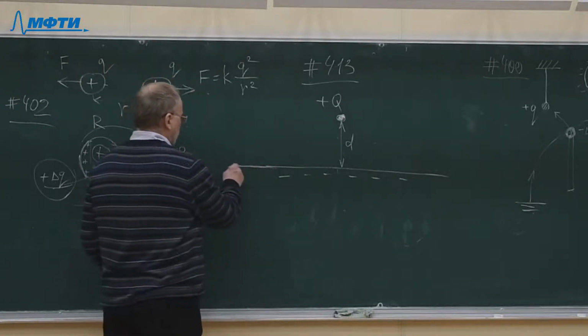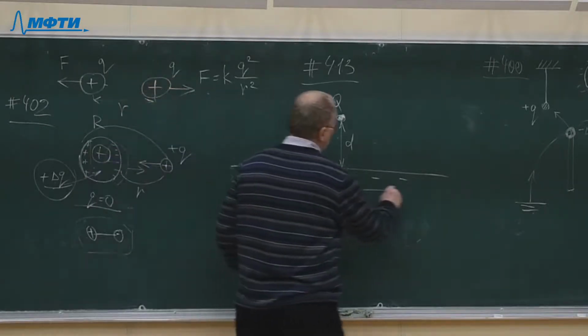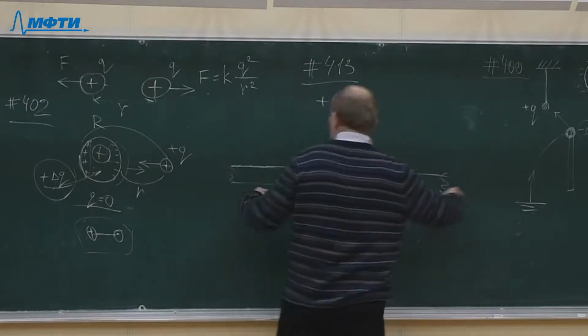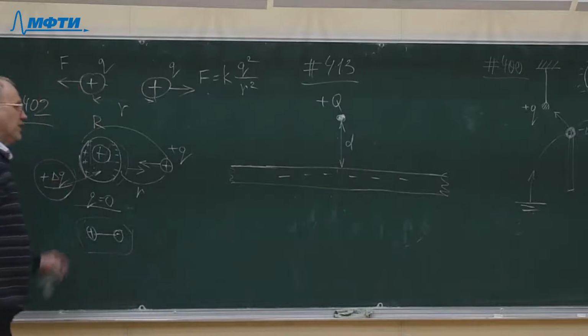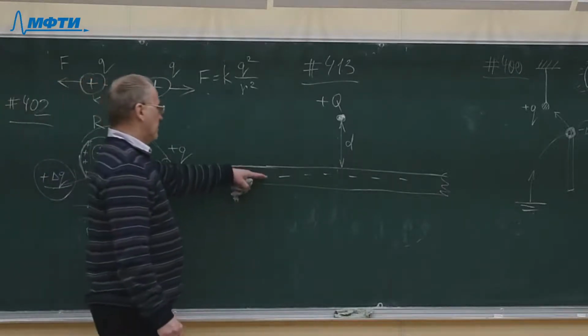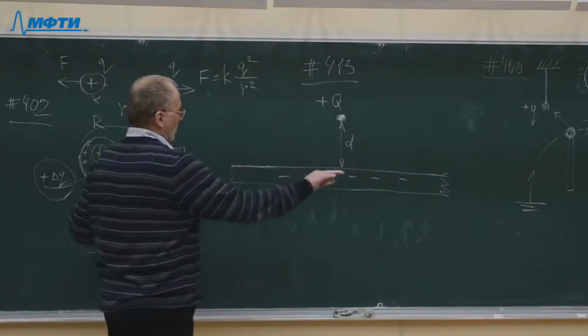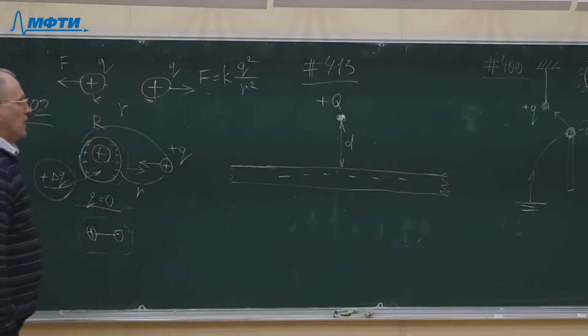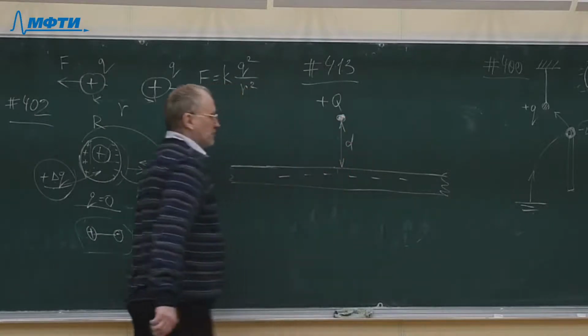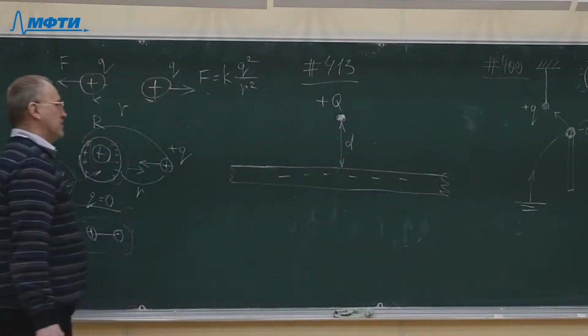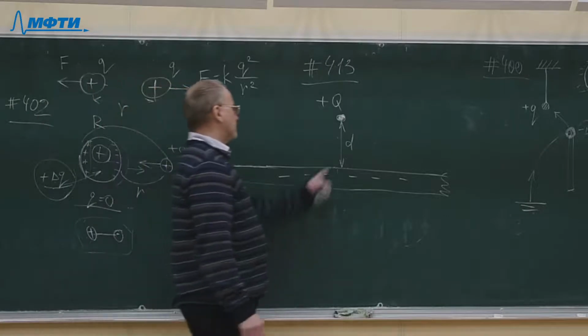This is a very large conducting plate. Very large. I don't even show the ends of this plate. The ends are far away. So that we may consider this conducting plate to be almost infinite. How to calculate the force of interaction between this point charge and the infinite conducting plate, if the distance between them is d?